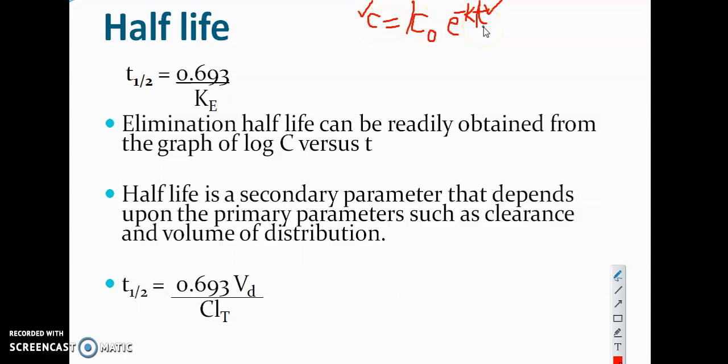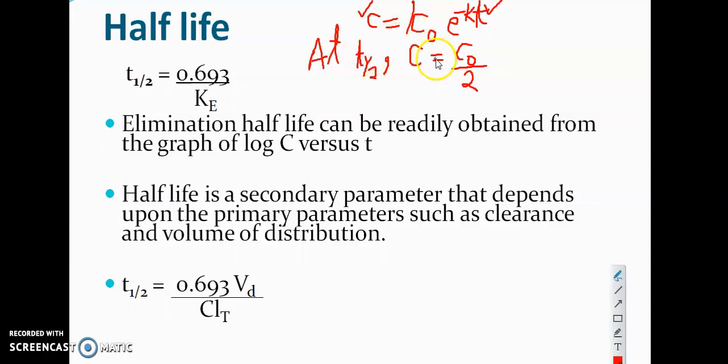Now to calculate the half-life, what we need to do? As per the definition, at T half, that is at half-life, there is a particular situation. Half-life is the time at which the concentration of the drug in the plasma reduces to half of its original one. So C naught is the original concentration and C is the concentration at this time period.